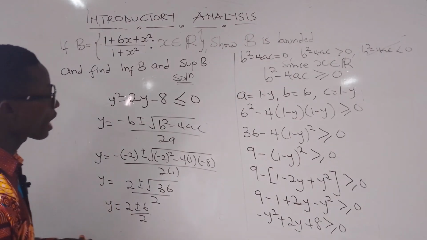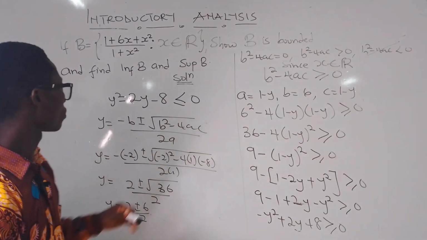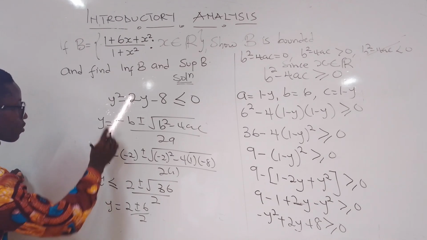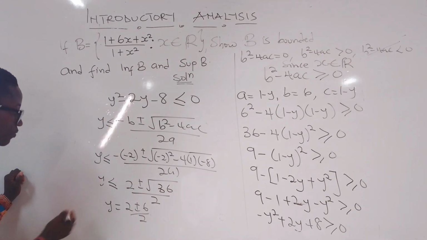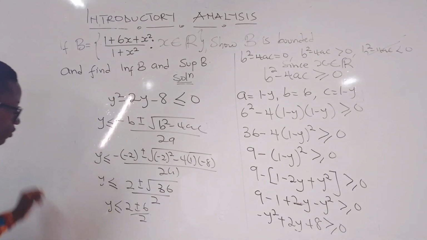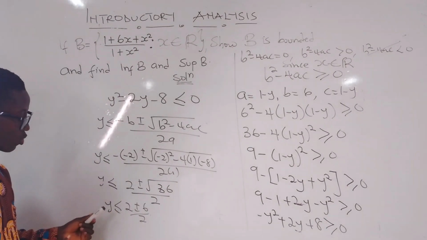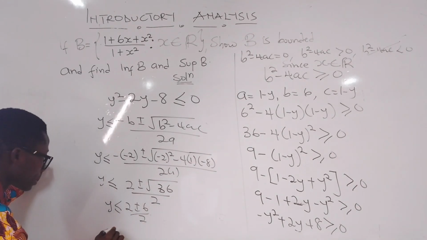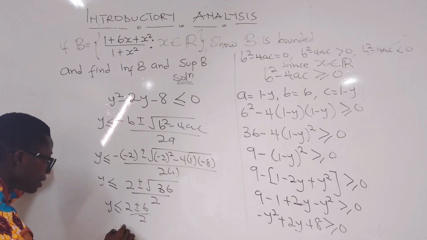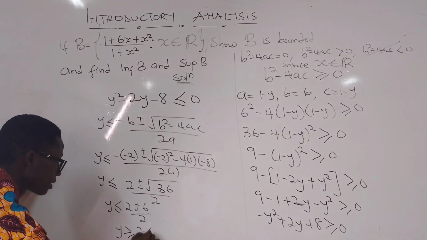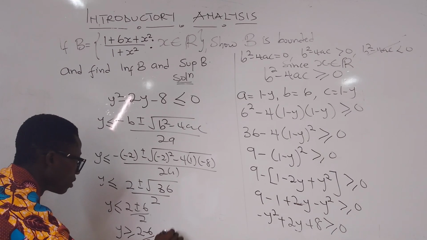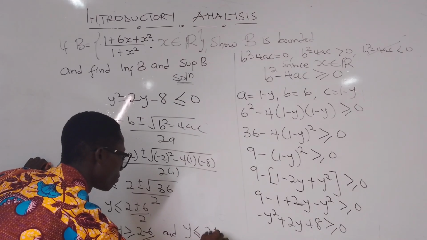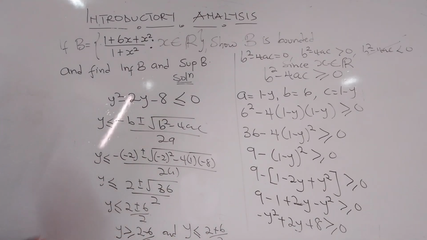So here, we are using the inequality less than or equal to. But we are having two conditions. With this condition, we can say that y is greater than or equal to (2 - 6)/2 and y is less than or equal to (2 + 6)/2.